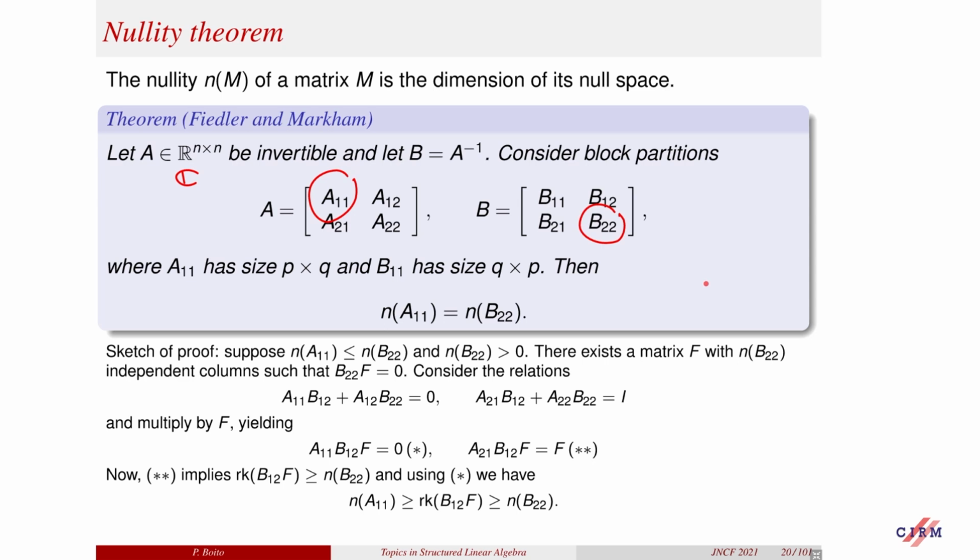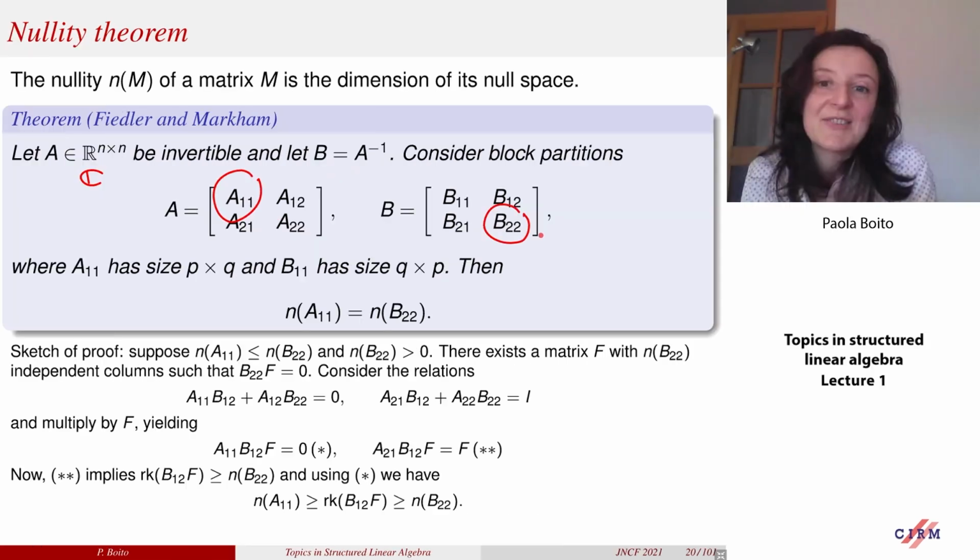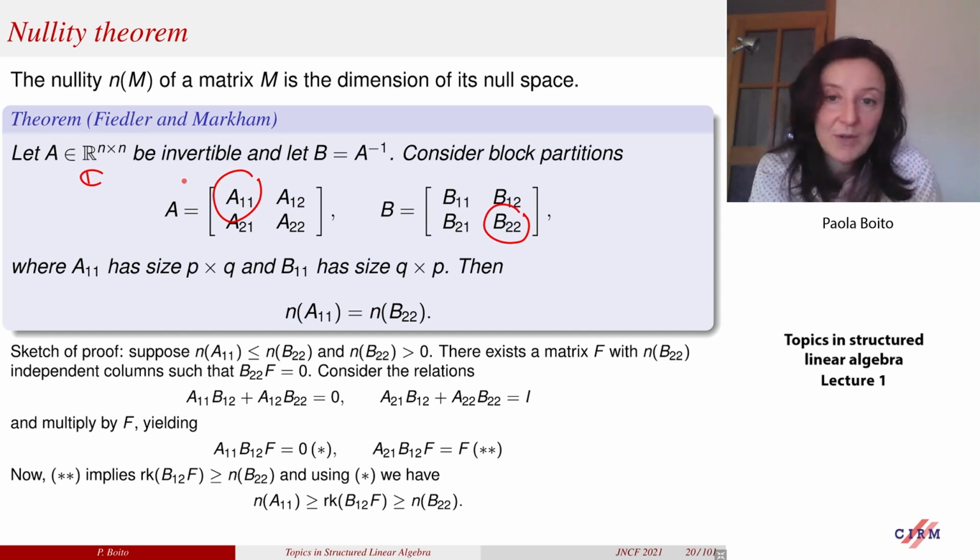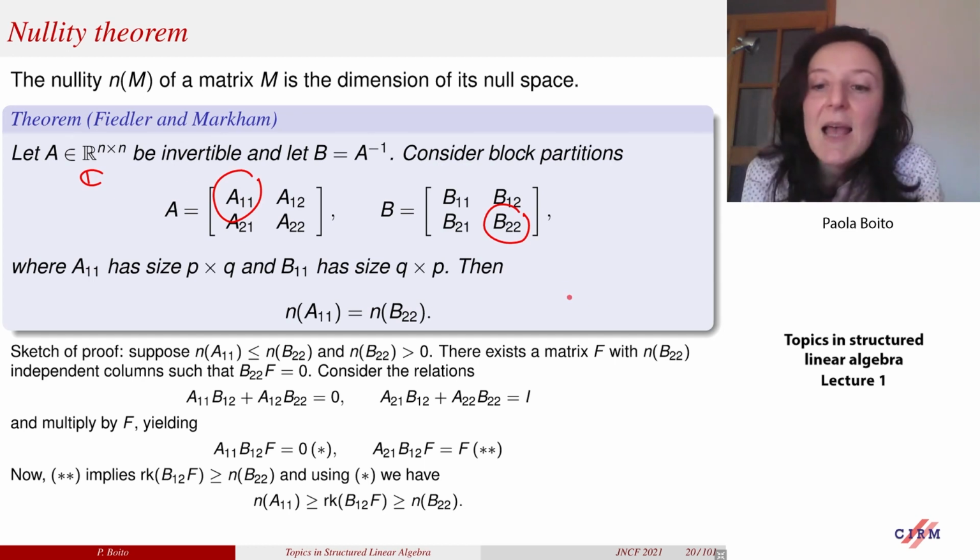Okay, this is not difficult to prove. Here's a quick sketch. We can suppose that the nullity of A11 is smaller or equal to the nullity of B22, because otherwise we could just apply a permutation and go back to this case. We can also assume that the nullity of B22 is strictly positive, because if it were 0, then also the nullity of A11 would be 0, and then we would be finished.